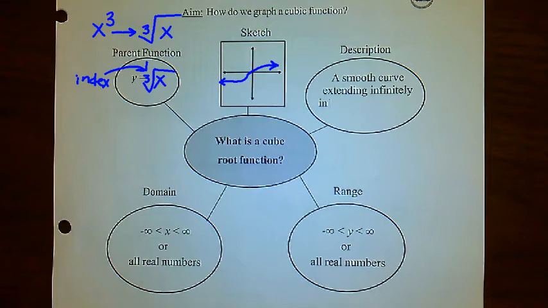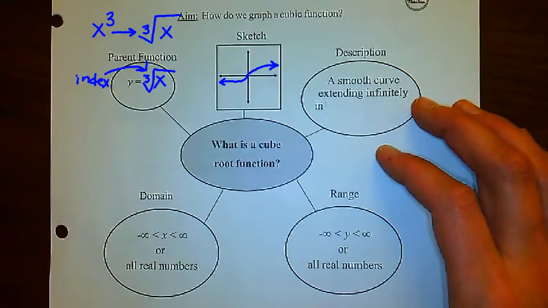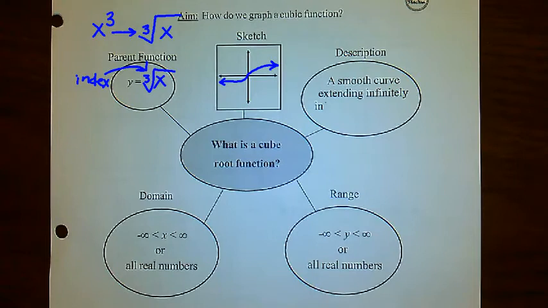A cube root can be positive or negative. That is the main reason why we can have a positive or negative. So our range, again, goes all the way from negative infinity to infinity.